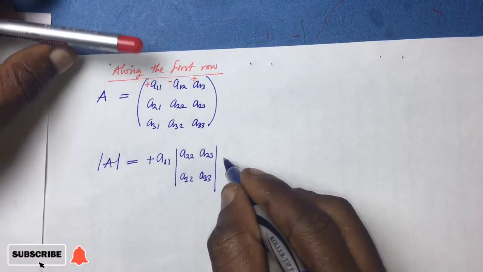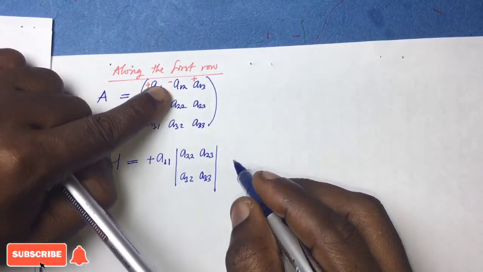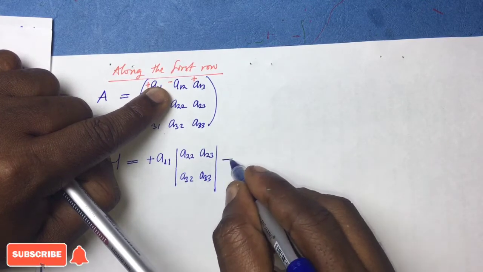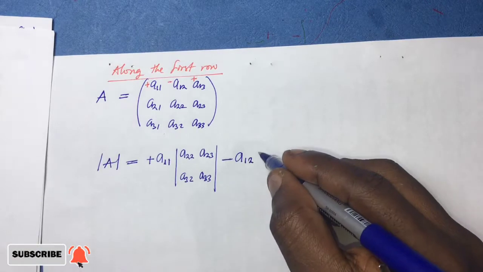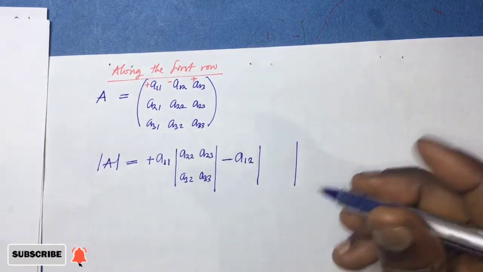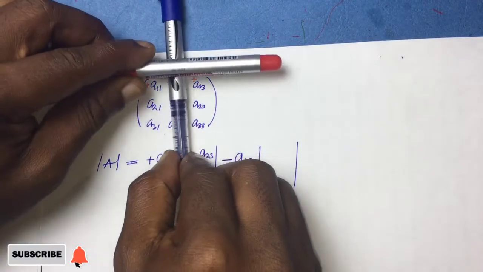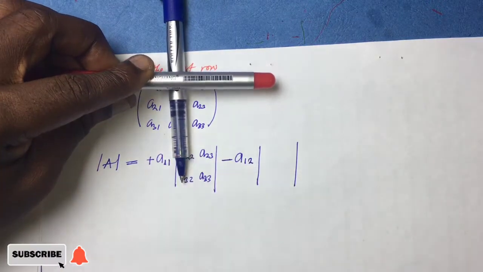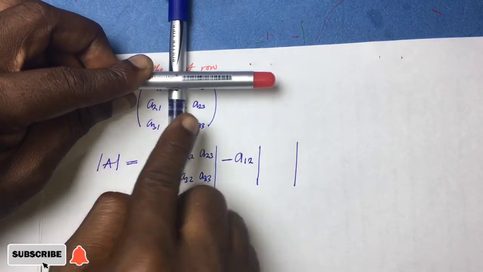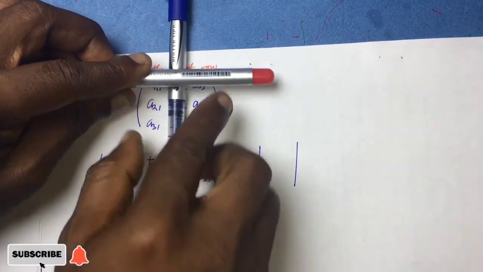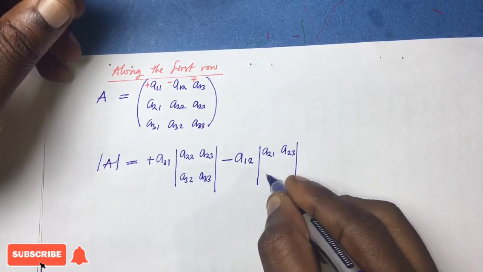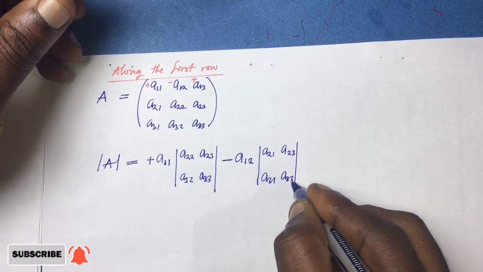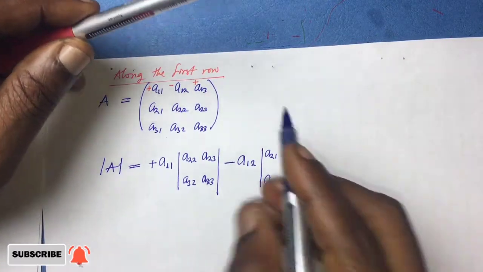Then I will bring the sign of the second one, which is minus. Then put the element there, A12. What is the minor of A12? The minor of A12 is this. So what is remaining? A21, A23, A31, A33. So you write it out here.